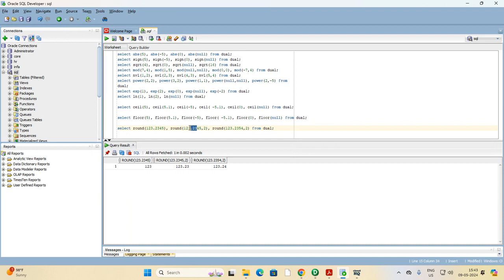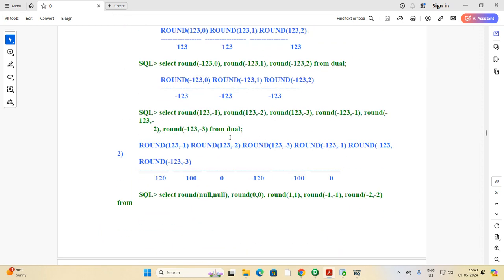It rounds to 2 decimal places, giving 123.23. Here we see 123.2354 comma 2. If the digit is 5 or more, it will round up the previous digit. It gives 123.24. It gives the rounded value.